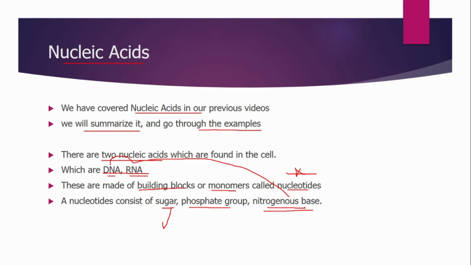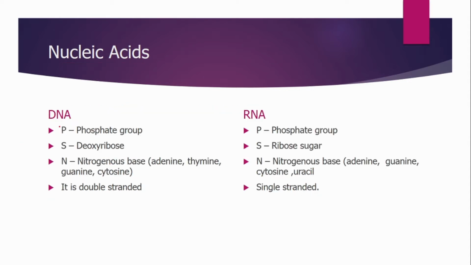Let's go to the next slide. In DNA, there is the phosphate group, and also in RNA. In terms of sugar, the sugar found in DNA is deoxyribose sugar, and in RNA we have ribose sugar. The nitrogenous bases found in DNA are adenine, thymine, guanine, and cytosine.